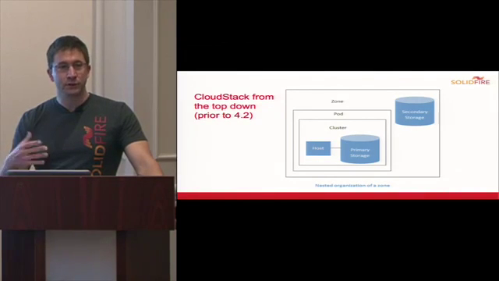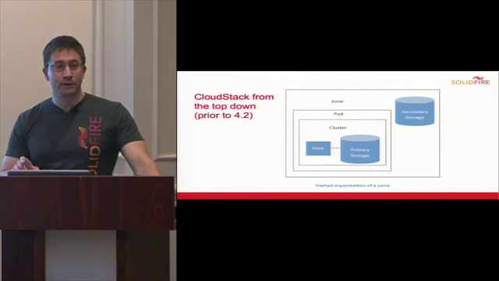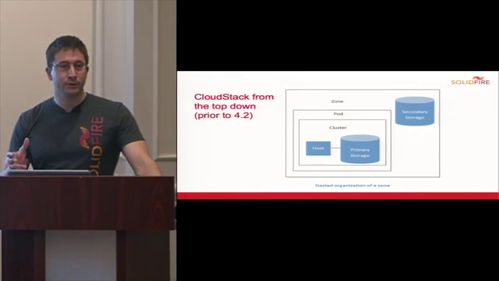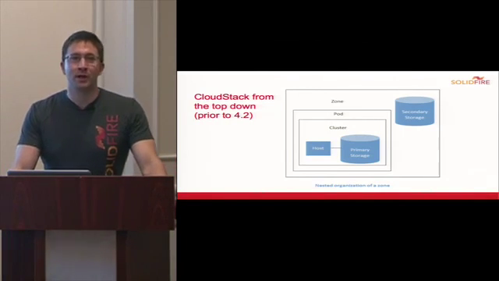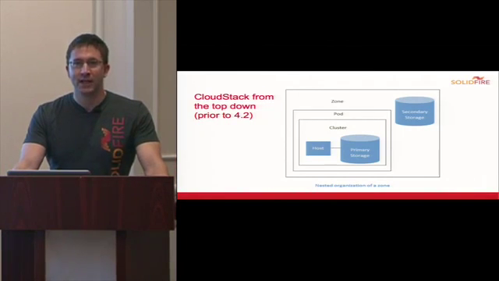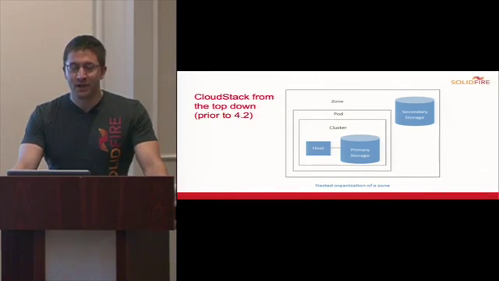And then your cluster is where your hypervisors like KVM, ESX, and XenServer come into play. And traditionally, this is where primary storage has been introduced into CloudStack. Traditionally, when I say that, I actually mean prior to the 4.2 release. As of the 4.2 release, primary storage can also be put at the zone level.